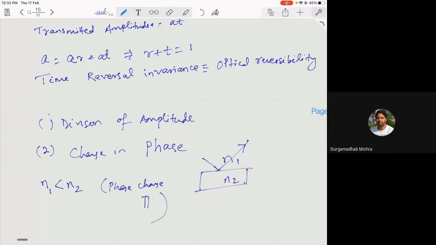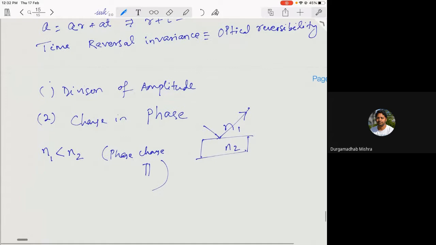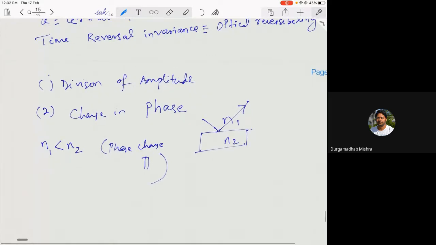The phase change is pi, or lambda by 2 path change, that is equivalent to the path length changing by lambda by 2. And on the other hand, if the light is coming from a denser to a rarer medium, there will be no phase change. So the phase change only occurs when it's coming from a rarer to a denser medium.